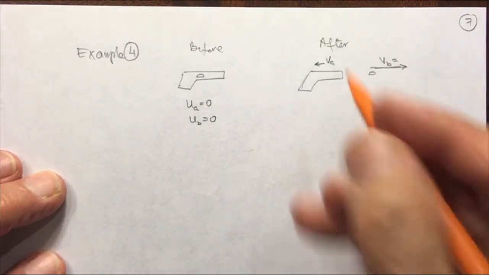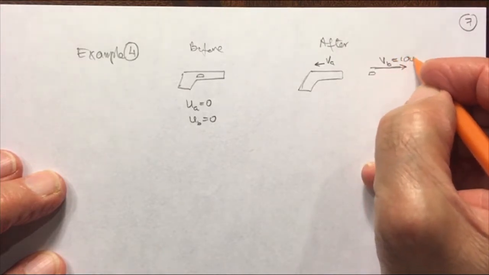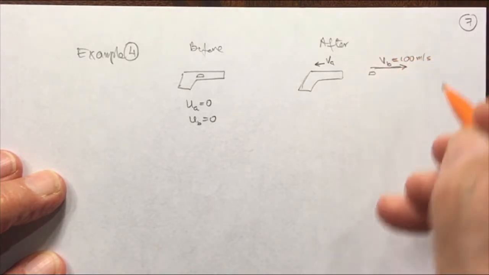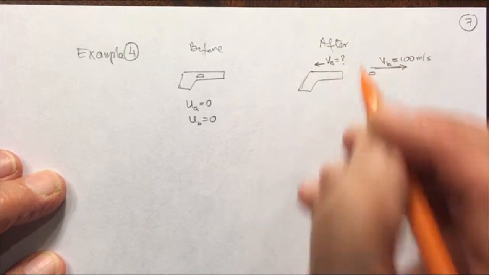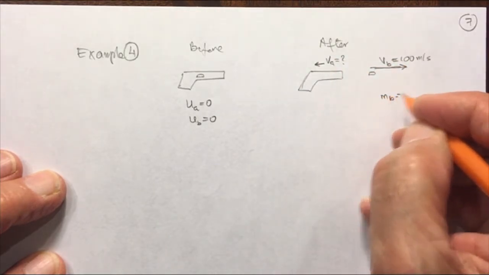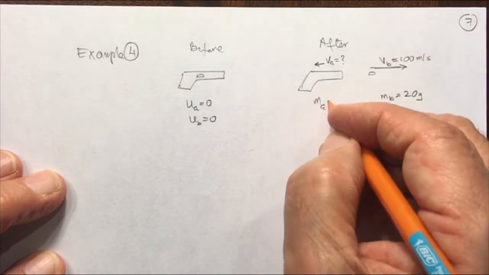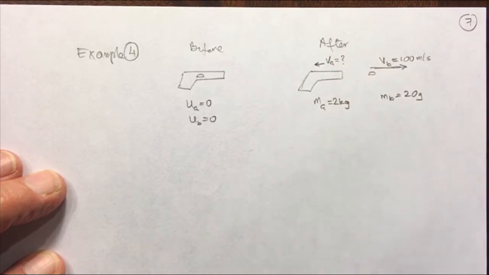Now let's take some numbers. Let's say the speed of the bullet is 100 meters per second, and that is what we're trying to find. And the mass of the bullet is, let's say, 20 grams, and mass of the gun, let's say 2 kilograms.